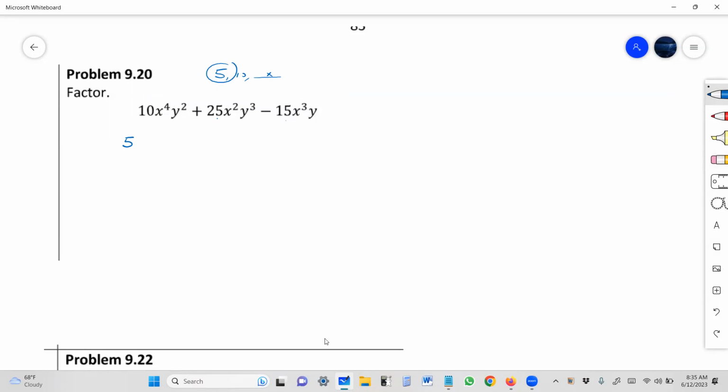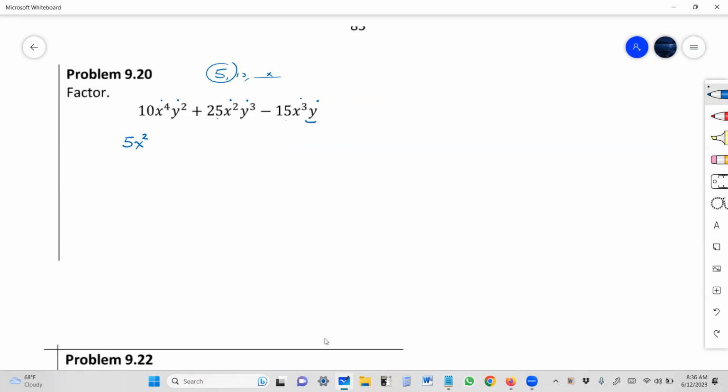Because every expression has an x, and then every expression has a y. So that's very easy because I have to check x to the 4th, x squared, and x cubed. And as I said before, the greatest common factor is the variable among those type of variables with the smallest exponent. In this case, x squared. So take a look at the y's now. What do you think the greatest common factor for the y's is?